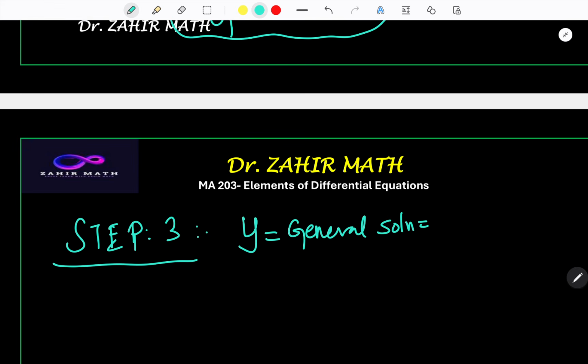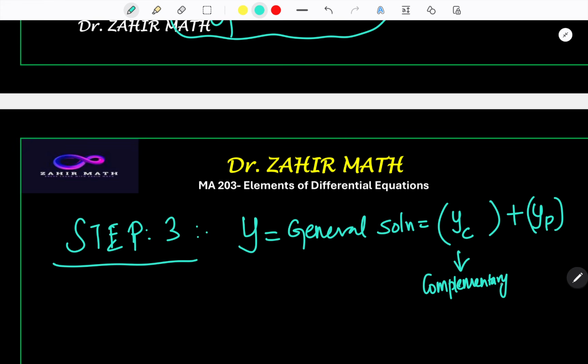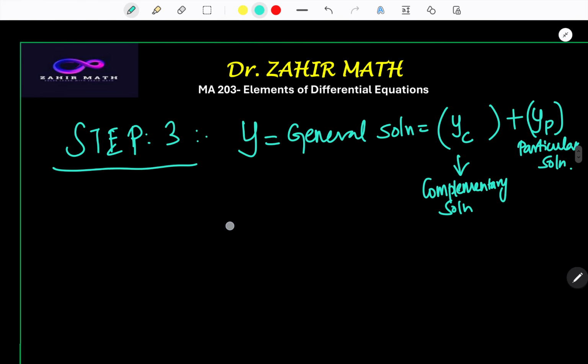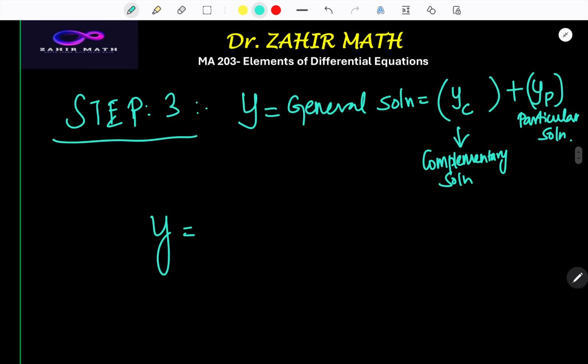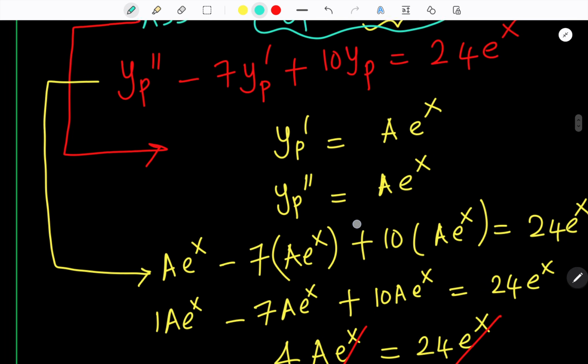The general solution is equal to complementary solution plus particular solution. What is this? Complementary solution, right? And what is this one? Particular solution, yp, right?